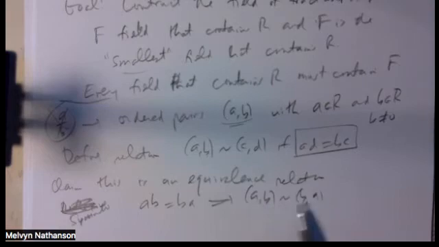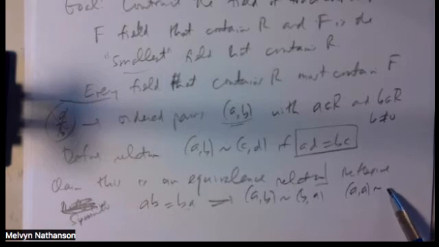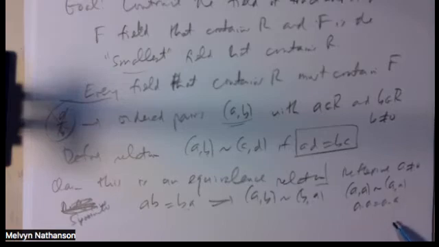These are equivalent if AB equals BA, and an integral domain is commutative, so this is satisfied. This is also reflexive: A comma A is equivalent to itself, because A times A equals A times A, not equal to 0.